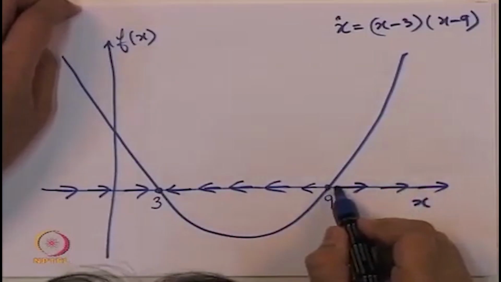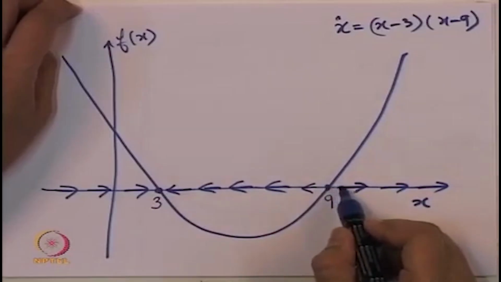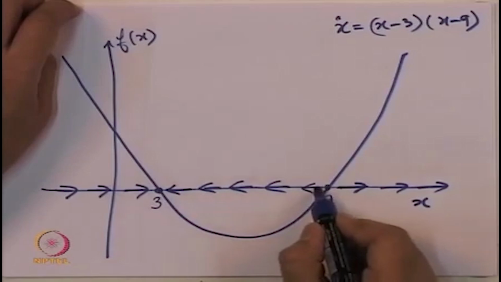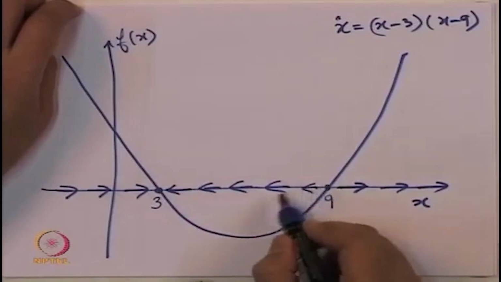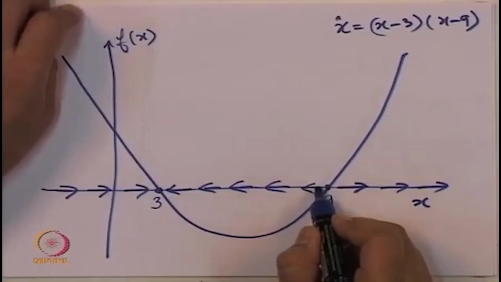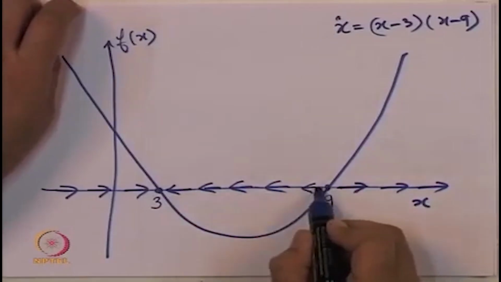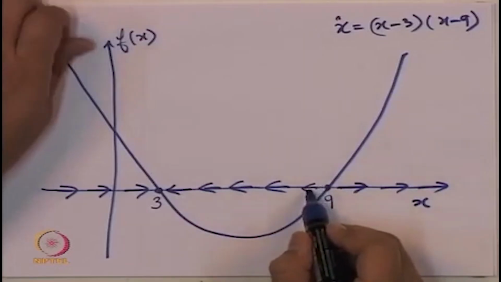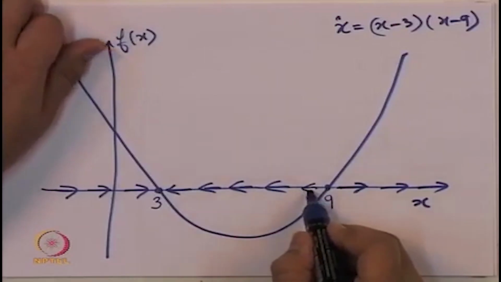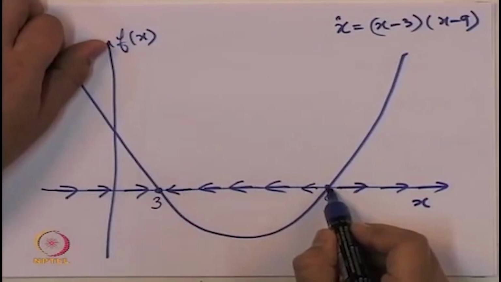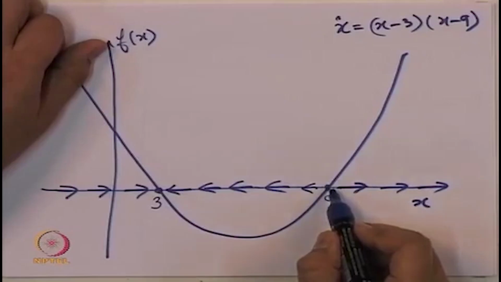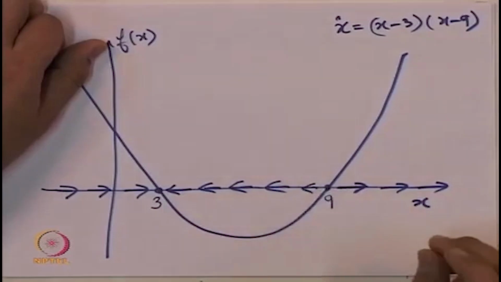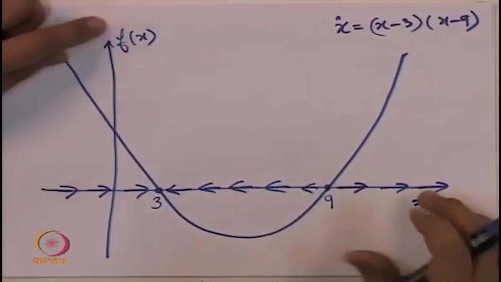Also, slightly to the left of the point 9, we see that the trajectories are again directed away from 9. Why? Slightly to the left of 9, the function f is negative. So, x will move further away from 9, it will further decrease. So, we would like to say that this particular point is an equilibrium point, but it is also an unstable equilibrium point. For very small perturbations both to the right and left, trajectories are going to move away from this equilibrium point.